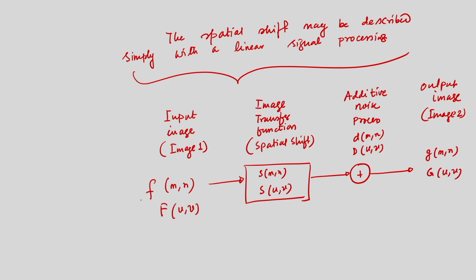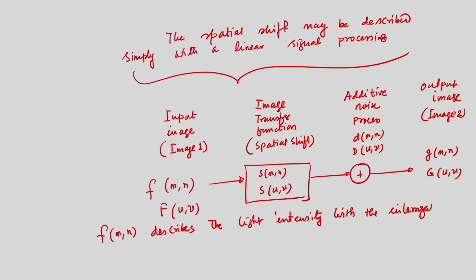So, this f of m comma n describes the light intensity within the integration area recorded at time t.